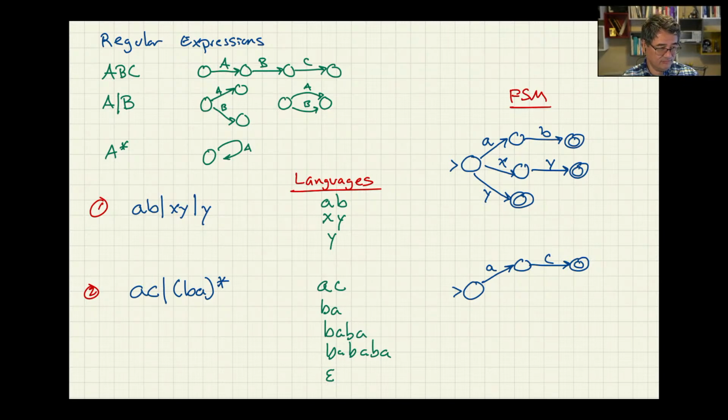Oh, okay. So then I guess it would just be the self-referencing arrow on the first node.